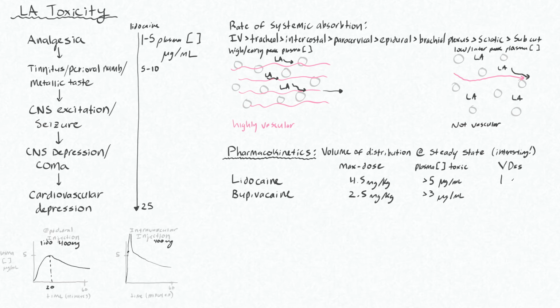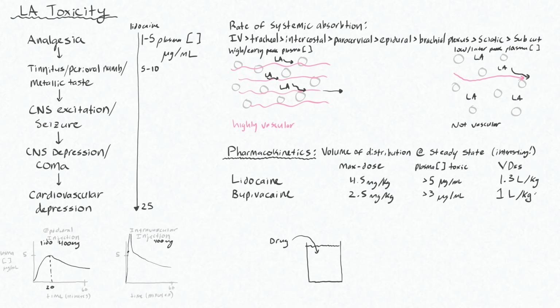Lidocaine has a VDSS of 1.3 liters per kilogram, which is maybe not such an easy number to work with. But bupivacaine's volume of distribution at steady state is 1 liter per kilogram, which is just so nice to do the math for. Remember, with volume of distribution at steady state, you're basically saying, what volume does it look like I put my drug into?